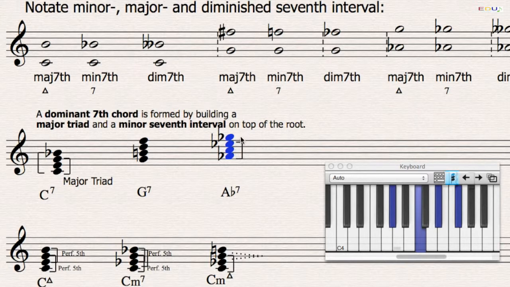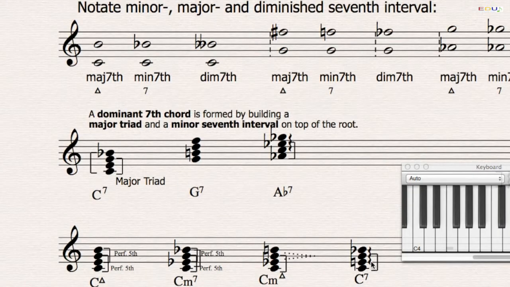But from C to G flat we find a diminished fifth. The perfect interval of C to G gets diminished. So the second fifth in a dominant 7th chord is a diminished fifth, or maybe you remember, it's also called a tritone. I'll symbolize the tritone with this little arpeggio line.